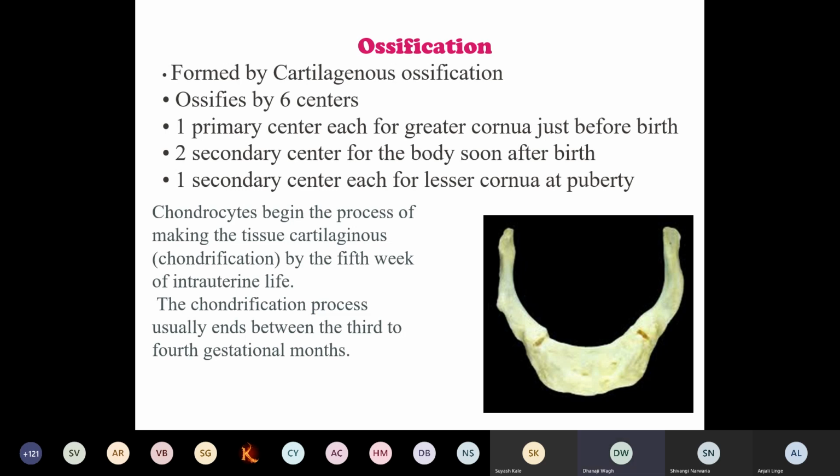Here we can see chondrocytes begin the process of making the tissue cartilaginous. This is called chondrification by the 5th week of intrauterine life. This chondrification process usually ends between the 3rd to 4th gestational month.